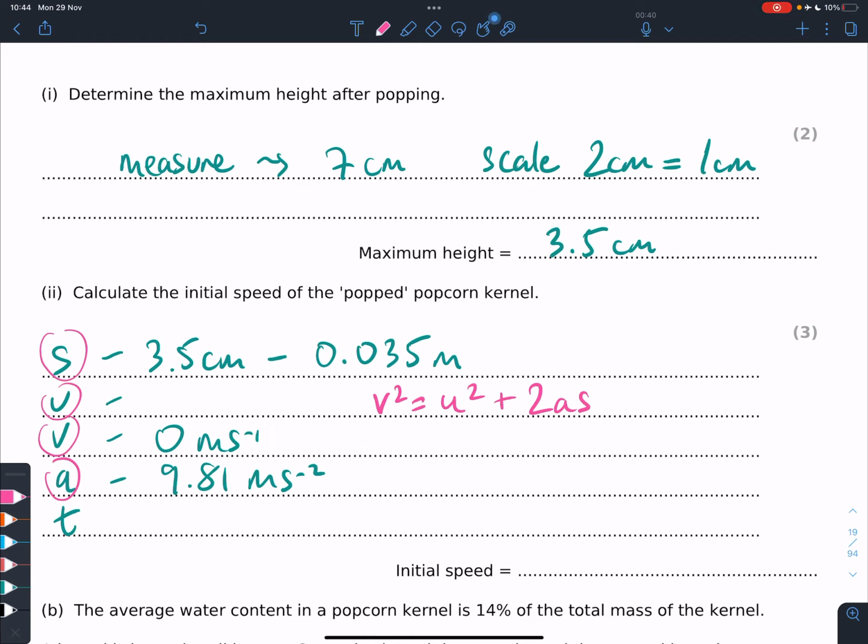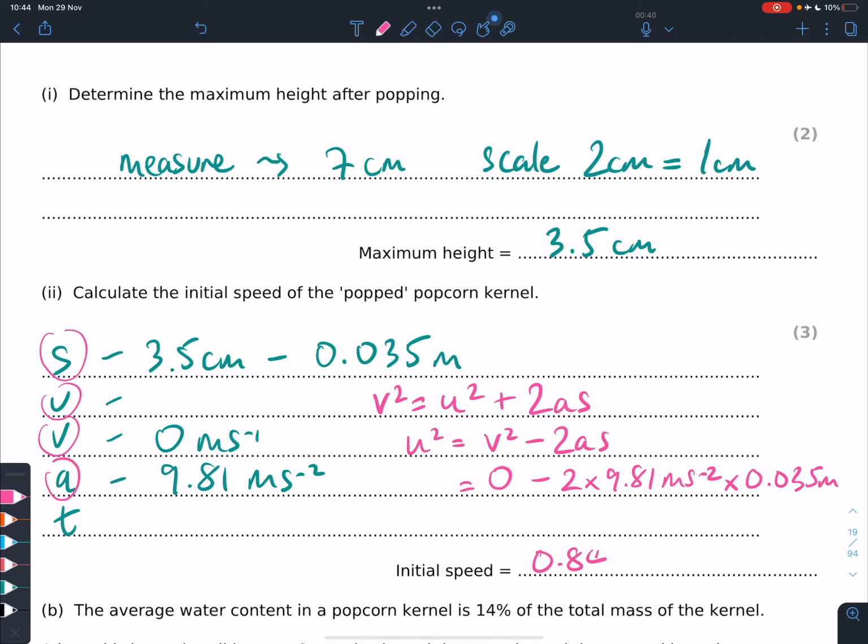And we're trying to find the initial speed, so U squared is equal to V squared minus 2AS, and that's equal to 0 minus 2 times 9.81 meters per second squared times the distance, which is 0.035 meters. And when you do that all together, it comes up as about 0.84 meters per second. So you're going to get a number and then you're going to have to square root it.